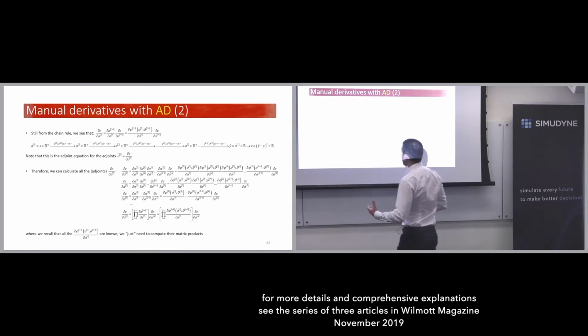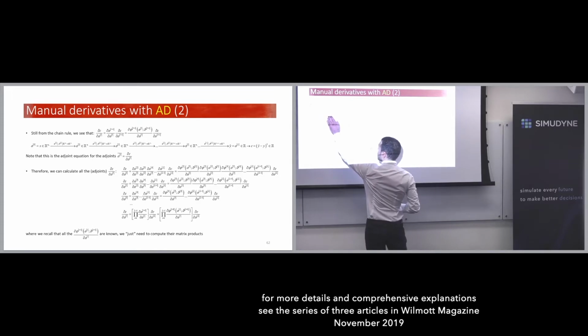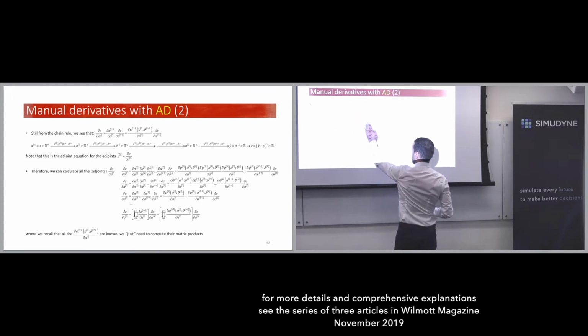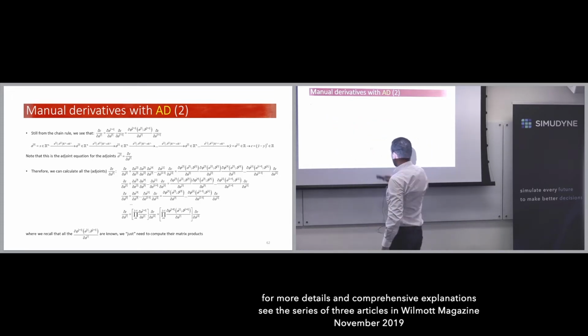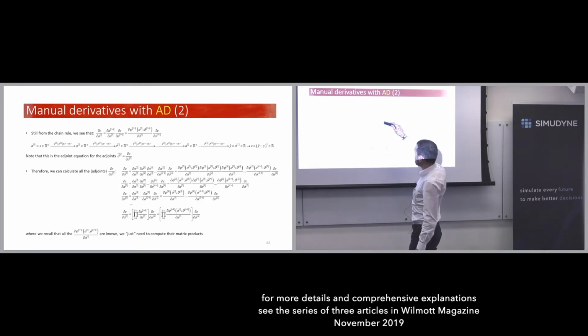What is it? Well, by the chain rule, because my calculation in a neural network is neatly organized in a sequence, dC over dA1 is dA2 over dA1 times dA3 over dA2 times dA4 over dA3, and so on, up to dA_L over dA_{L-1}, up to dC over dA_L.